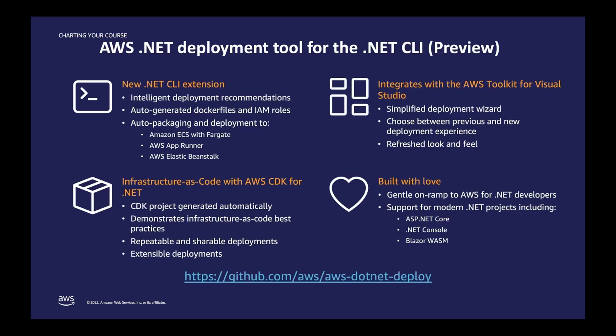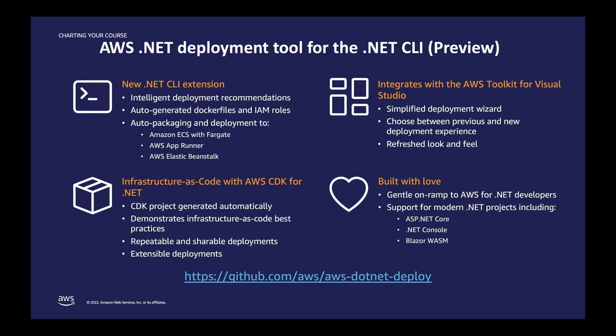Earlier, I mentioned that if you would like to use the AWS Cloud Development Kit, or CDK as it's more commonly known, to manage your projects, the new AWS.NET deployment tool for the .NET CLI is the way to go.